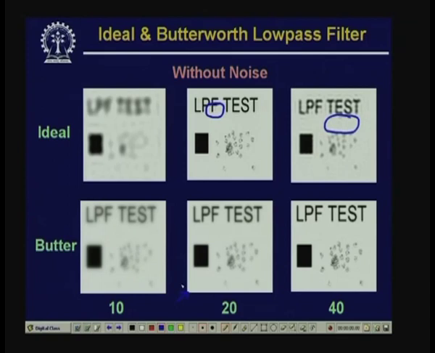Now, the reason why the ideal low pass filter introduces the ringing effect is this. We have seen that for an ideal low pass filter, in the frequency domain, the response was something like this. So, if I plot u versus H(u), this was the response of the ideal low pass filter.